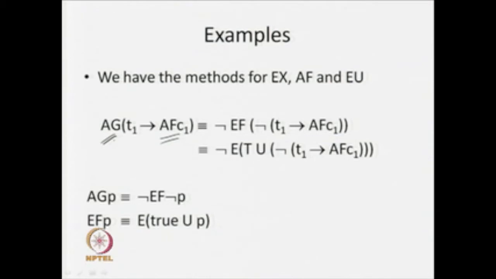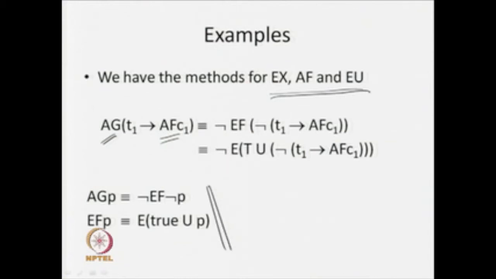That is why we need to use some equivalents. Similarly, AG p is equivalent to not of EF not of p, and the second equivalent is EF p is equal to E true until p. So, we are again going to use these two equivalents.